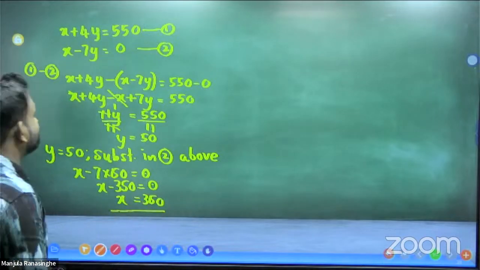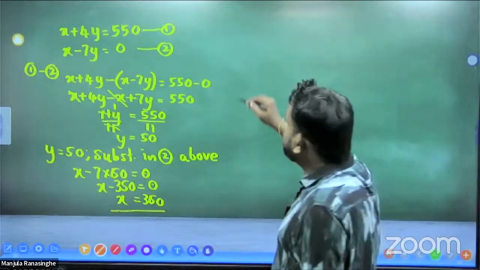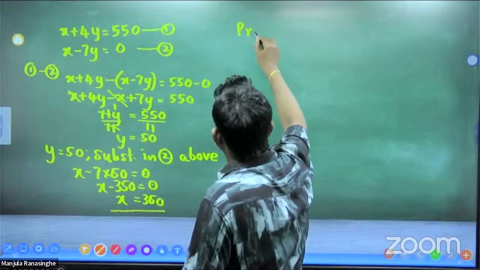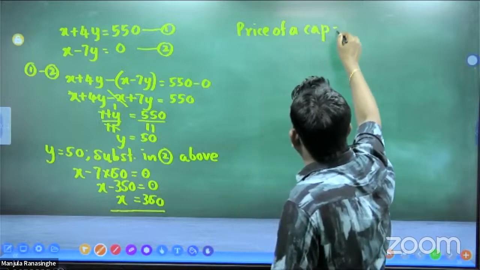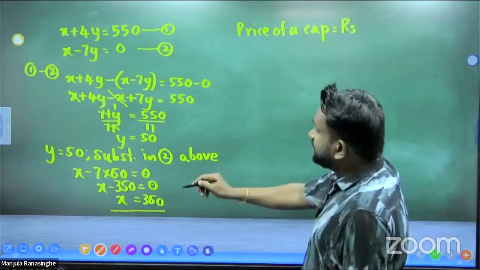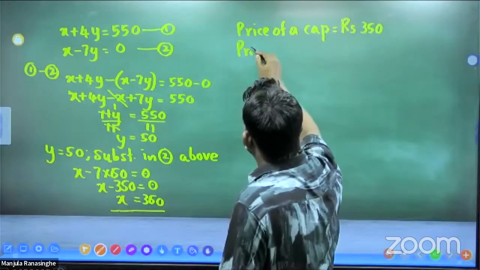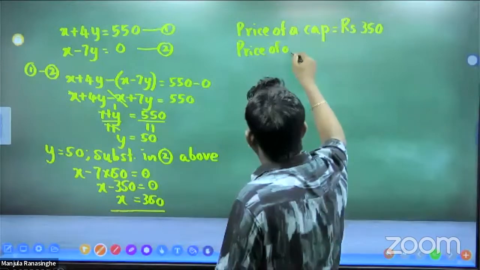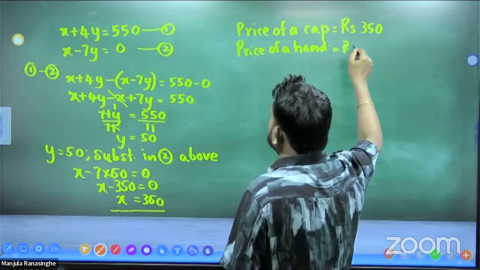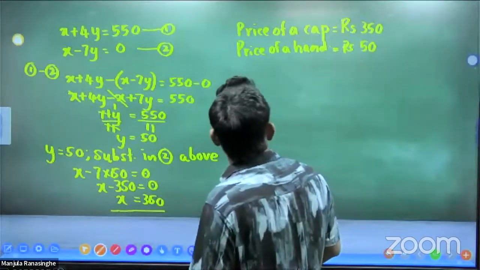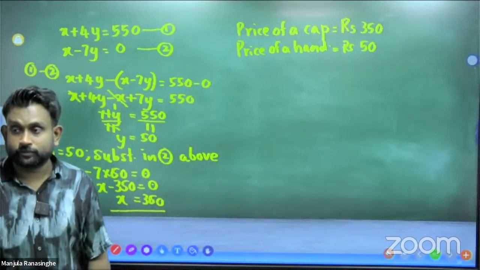You write at last without putting x and y, you write in a nice way: price of a cap equal rupees 350, and then price of a handkerchief as rupees 50. Okay, then finalize the answer. Right. Okay.